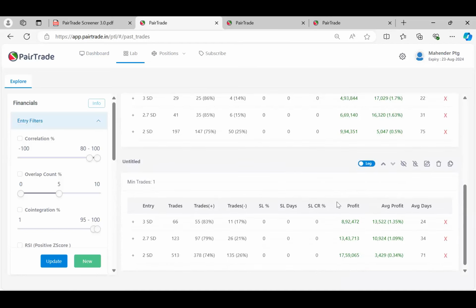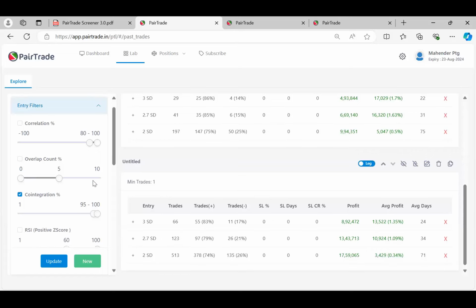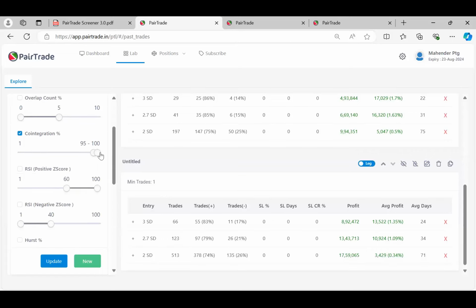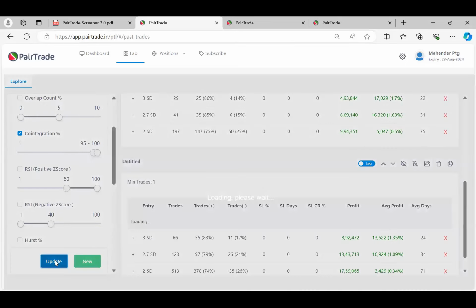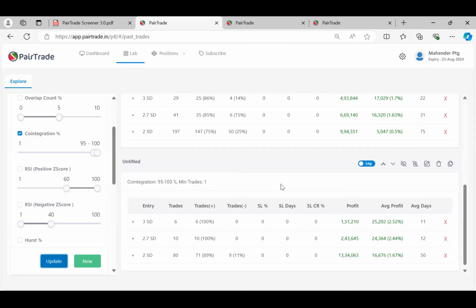So I'll duplicate one and this time I will check with the cointegration. Cointegration by default is 95 to 100, accuracy of 95. So I'll just update it. Average profit is excellent actually, 25,000 per trade. That too with a 10 lakh investment, right? So 2.25, very good.